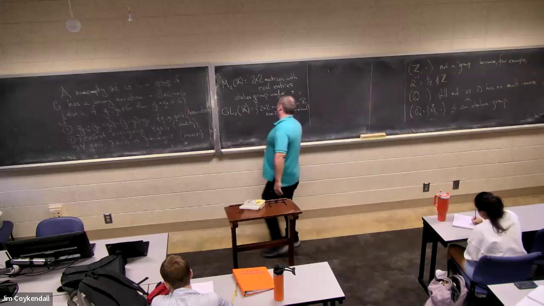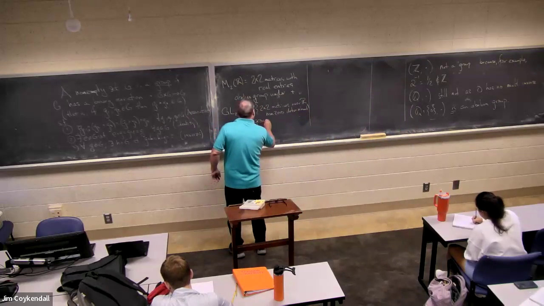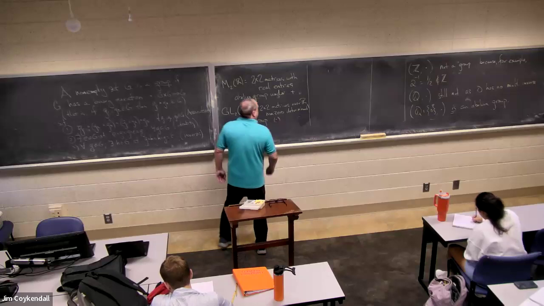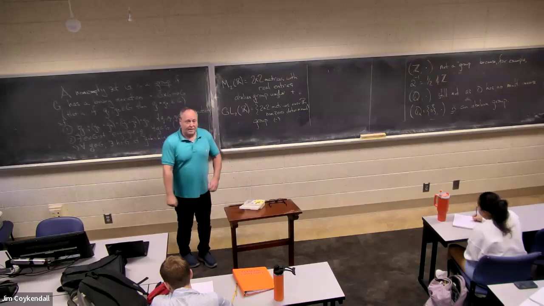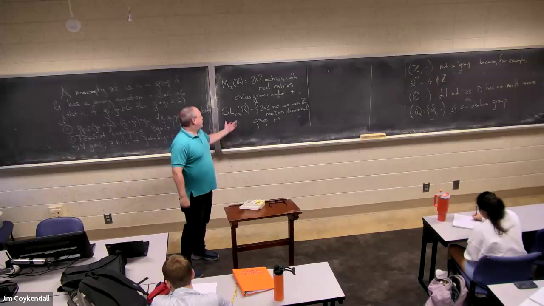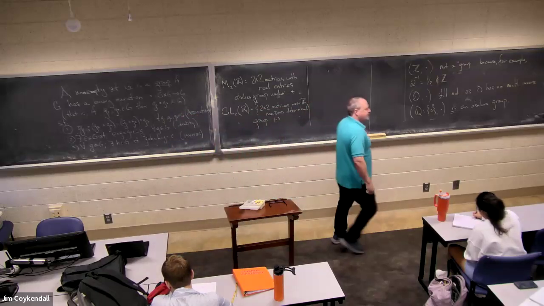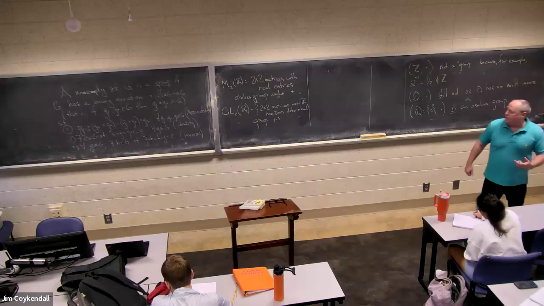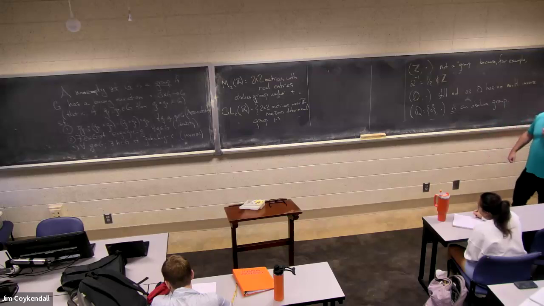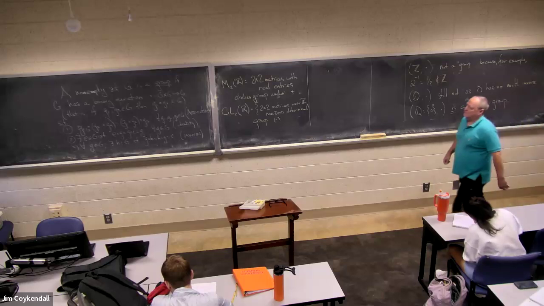This is a group under multiplication. Yes, with GL2. That's just the standard notation for this. It stands for general linear group. So it's 2 by 2 matrices with a non-zero determinant. This forms a group under multiplication, right?